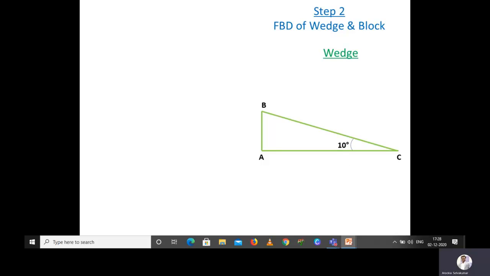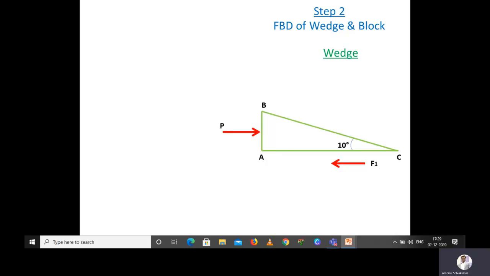And the given problem is the wedge is having an angle of 10 degree and we have applied a horizontal force. This particular minimum horizontal force we have to calculate. The condition is we are applying towards right. So obviously we will have a frictional resistance with respect to the surface AC towards left. So this force is frictional force F1 I am taking.